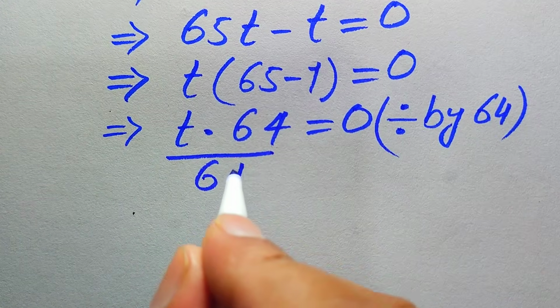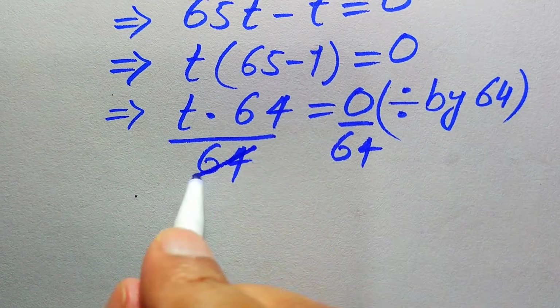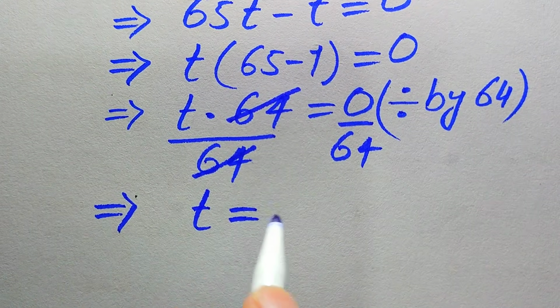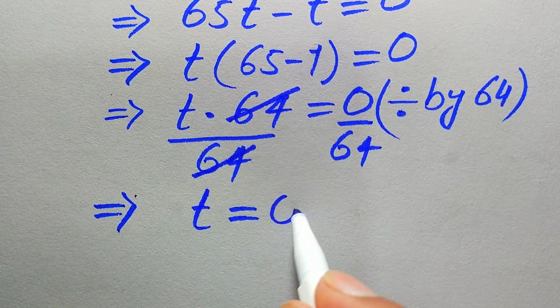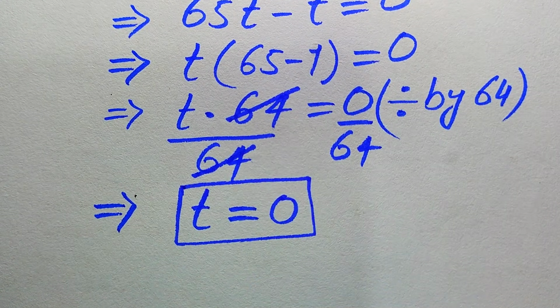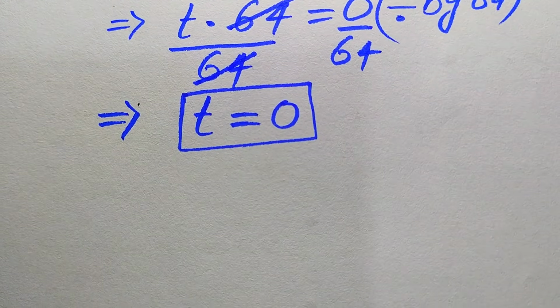The 64 and 64 cancel out, and we get t is equal to 0 divided by 64. We know that when we divide 0 by any other number, we always get the answer 0. So here we easily get the value t is equal to 0.